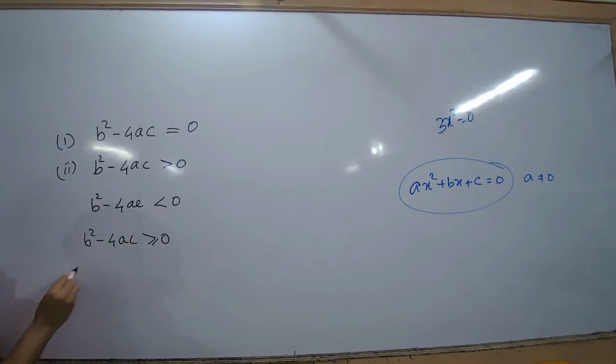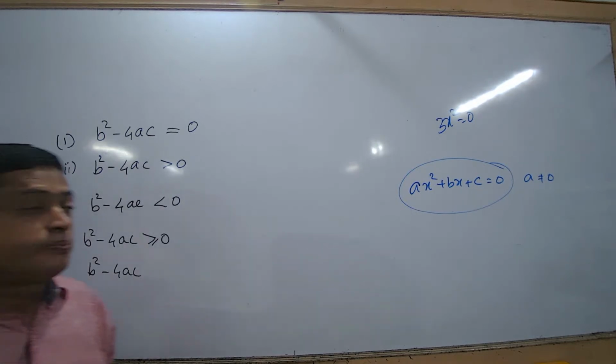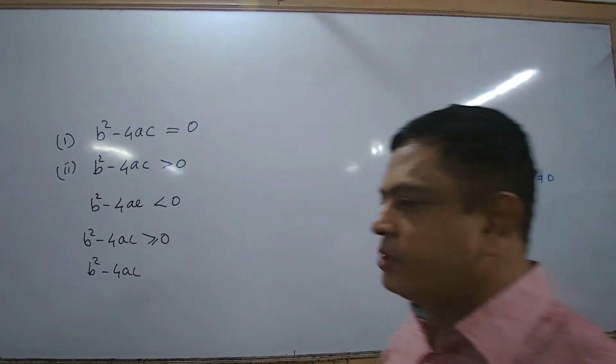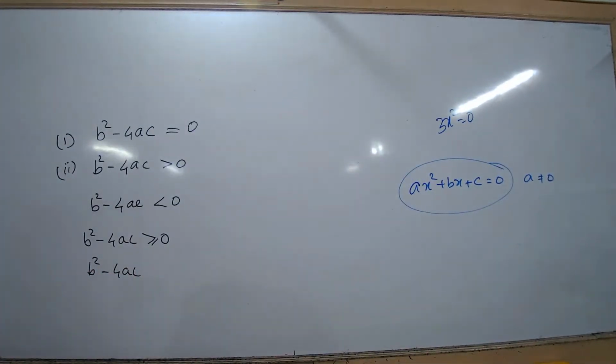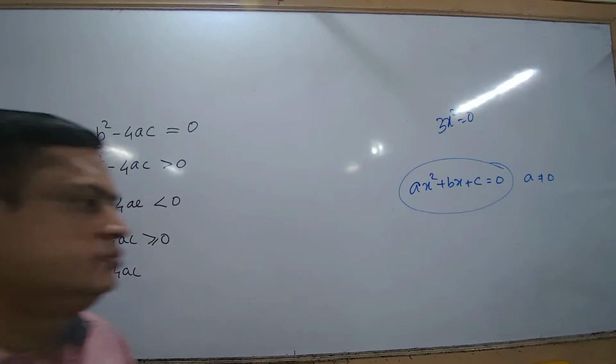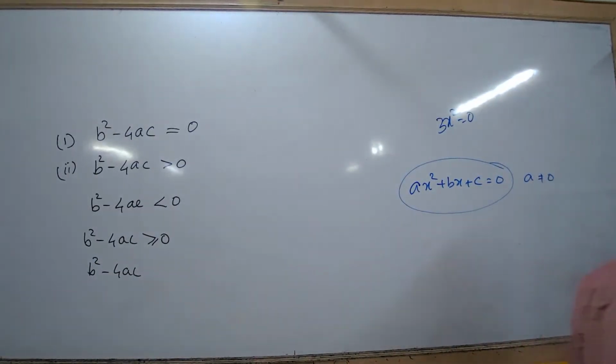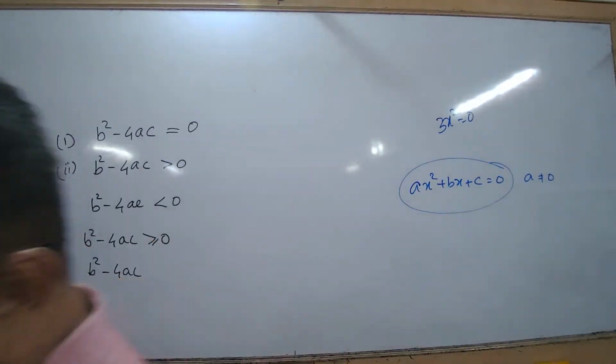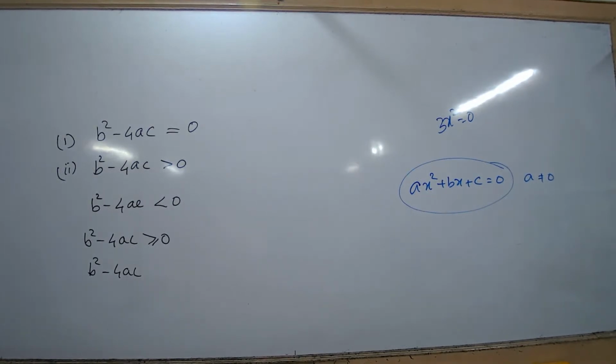If b square minus 4ac is a perfect square, then the roots are rational, provided that a, b, c are rational numbers.